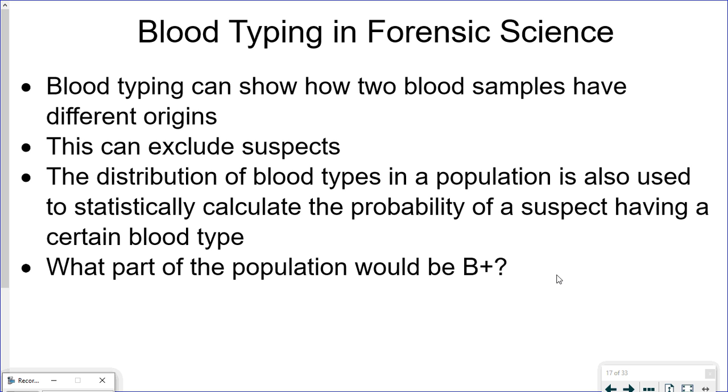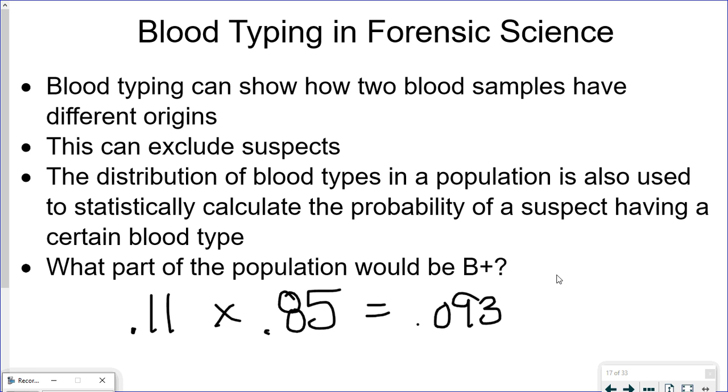If someone had B blood, that was 11% of the population, so that's 0.11, times the people that are positive for the Rh factor, about 85%. So 0.11 times 0.85 is 0.0935, which is about 9.4% of the population.